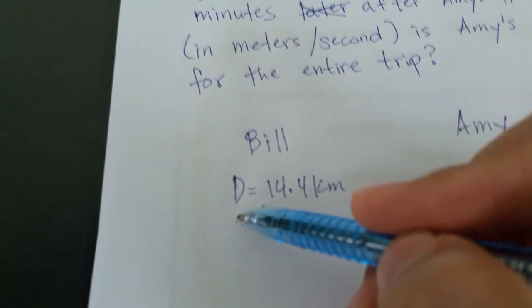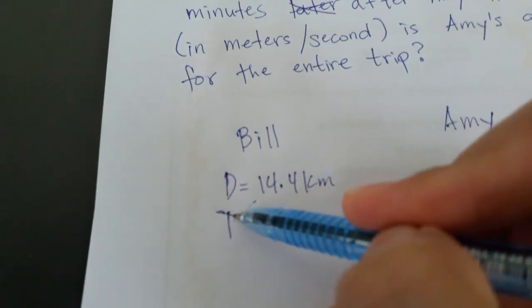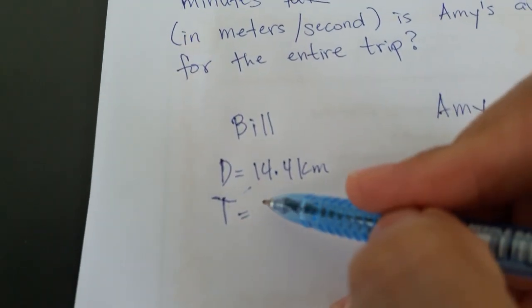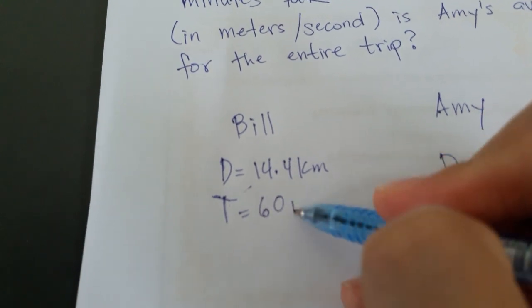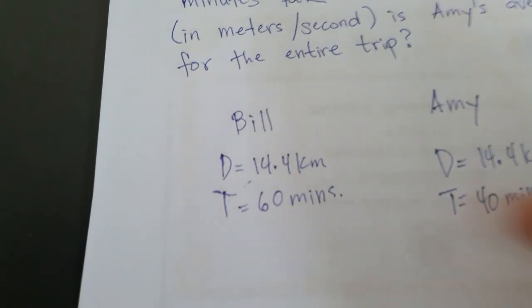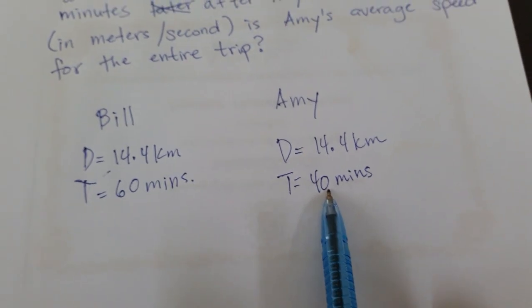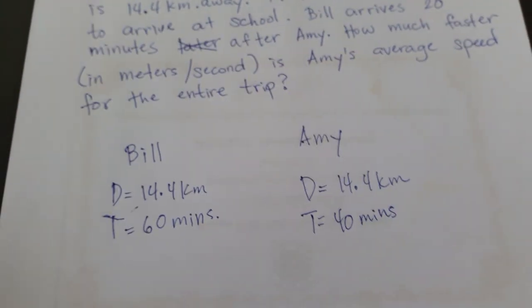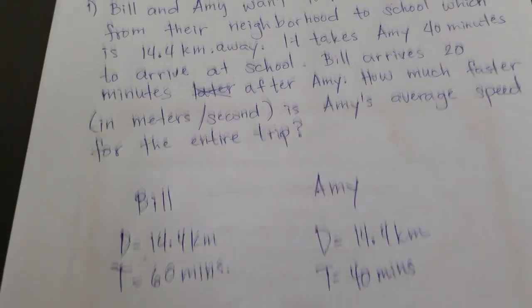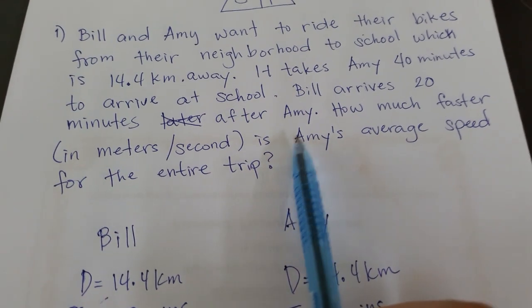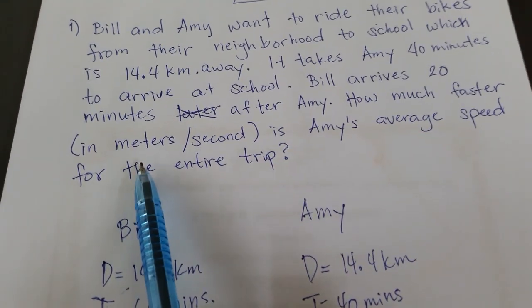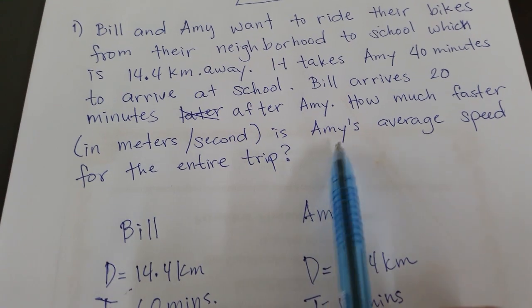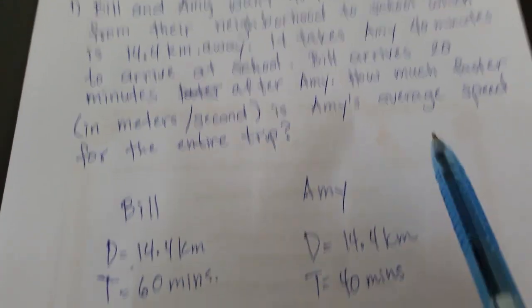So it means that the time for Bill is 60 minutes, right? Because Amy was traveling for 40, and then after 20 minutes, Bill arrives in school. Okay, question. How much faster in meters per second is Amy's average speed for the entire trip?